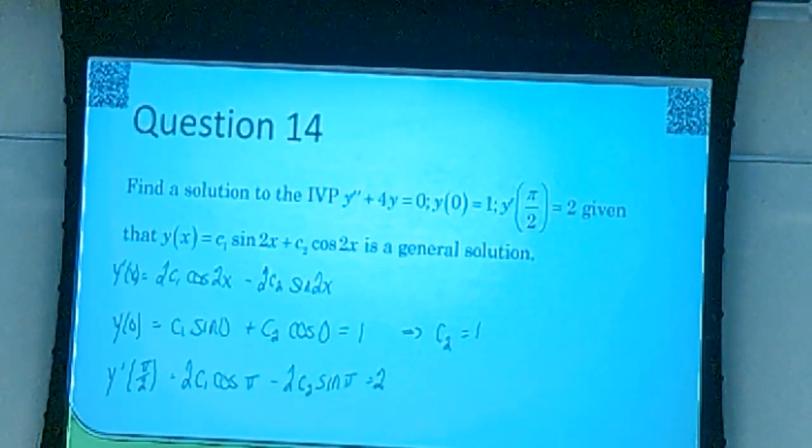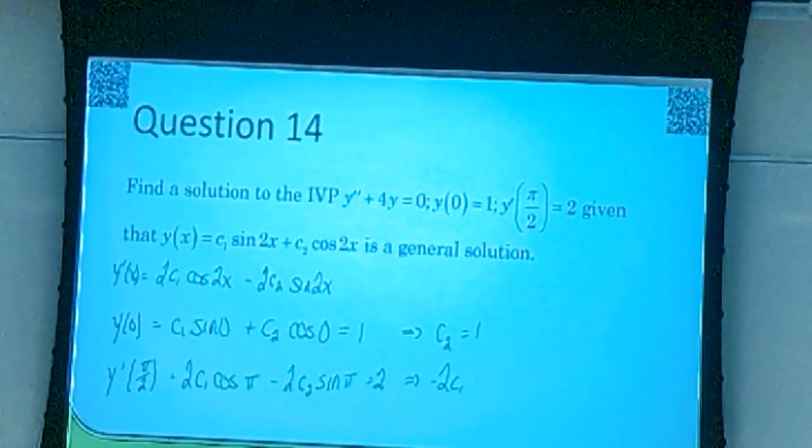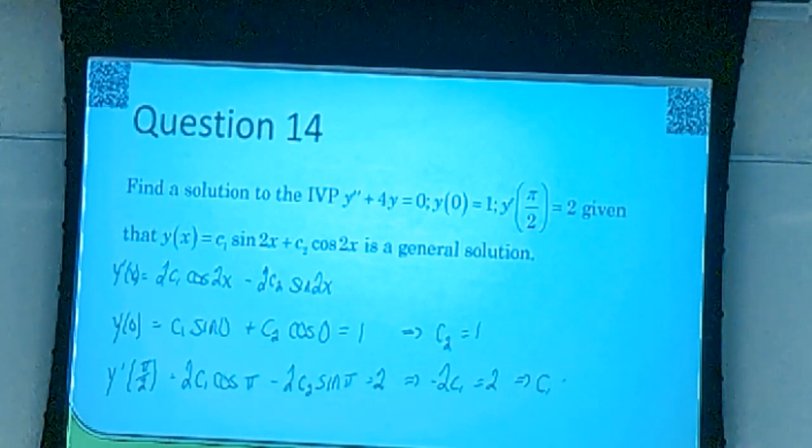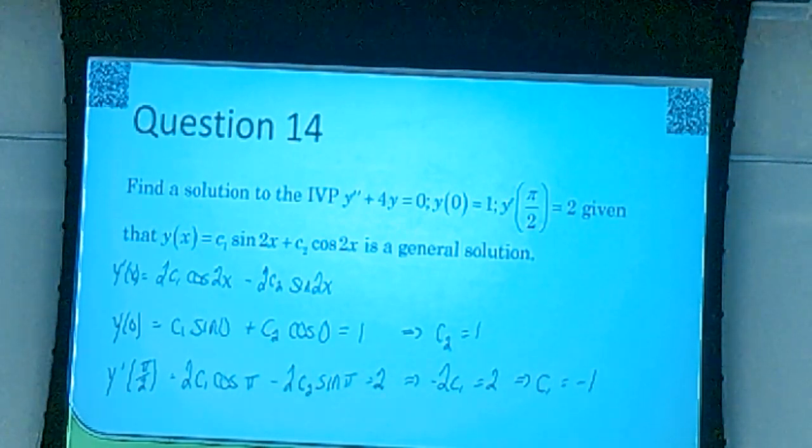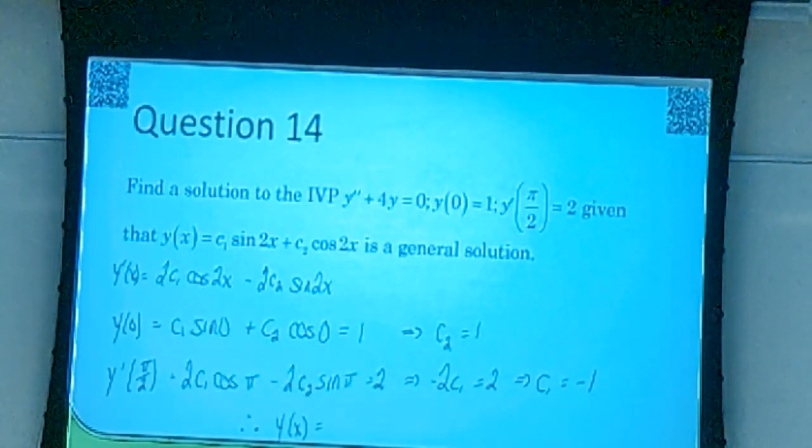What is cosine of pi? Negative. And what's sine of pi? Here. That gives C1 is negative 1. Then we get y of x is cosine of 2x minus sine of 2x.